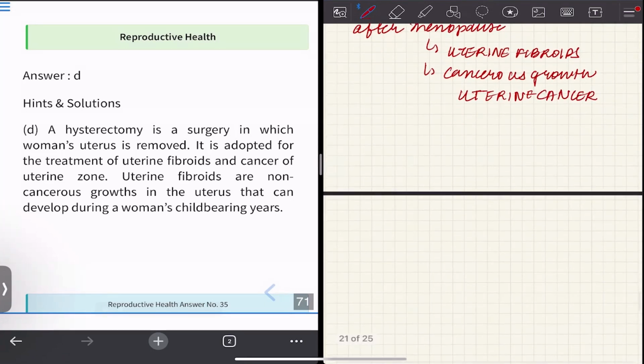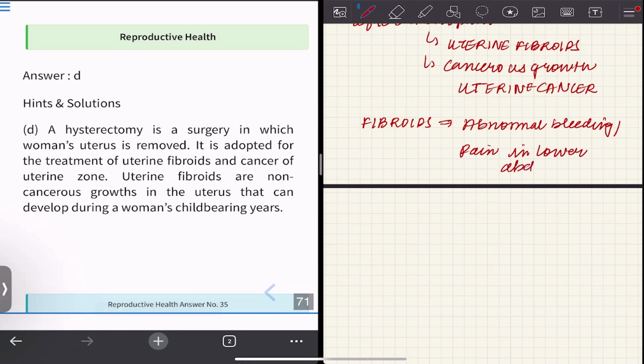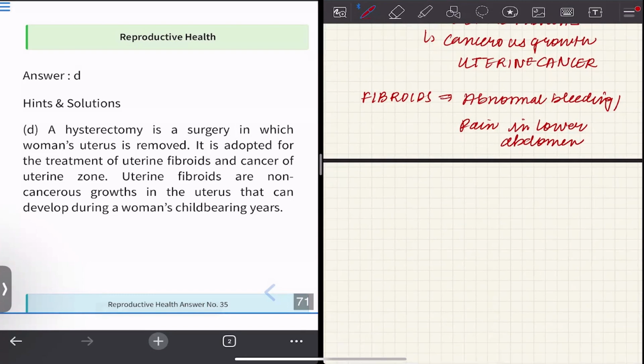So, what is a uterine fibroid? Uterine fibroids are benign, non-cancerous growths in the uterus that can develop during a woman's childbearing years. These fibroids cause abnormal bleeding and pain in the women. These are the symptoms seen in a woman who has a fibroid.